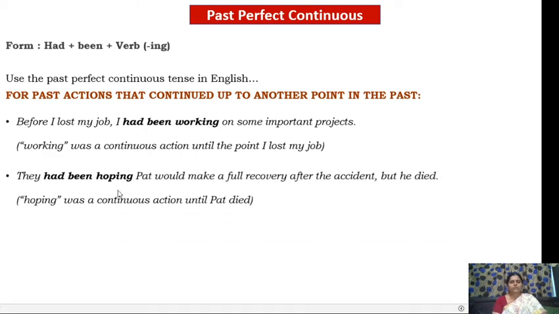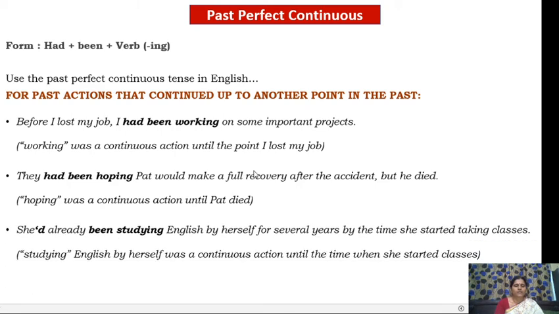Now, they had been hoping Pat would make a full recovery after the accident, but he died. Hoping was a continuous action until Pat died. So we use this past perfect continuous to represent past actions that continued up to another point in the past. That is, through these examples, I think you could easily understand this.